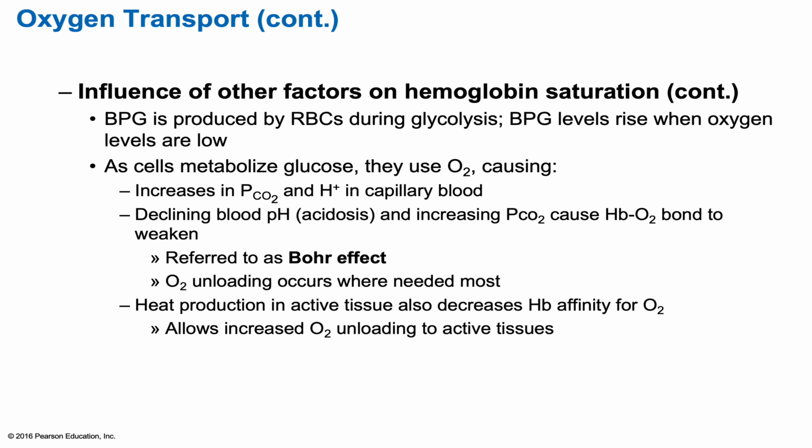As cells metabolize glucose and use oxygen, they release carbon dioxide, which increases the partial pressure of carbon dioxide and increases the hydrogen levels. More hydrogen released means blood pH is lower and the blood becomes more acidic.